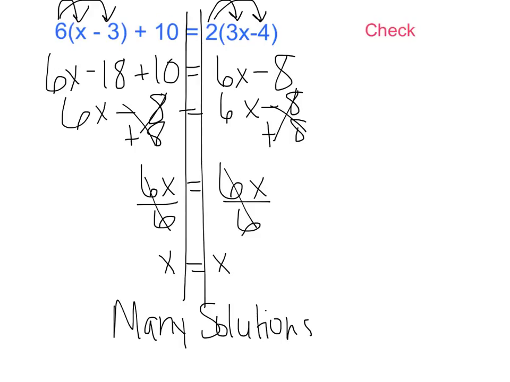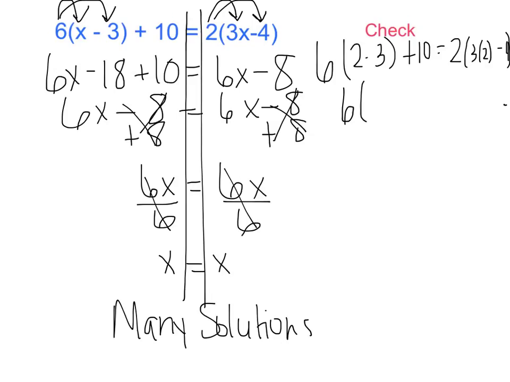In order to test this, we can choose any number to substitute in for x, and it should work out. So I'm going to start by checking the number 2. Let's say x is equal to 2. I'm going to substitute that in. 3 times 2 minus 4. So 2 minus 3 here is negative 1.